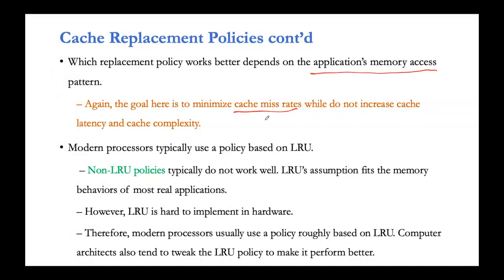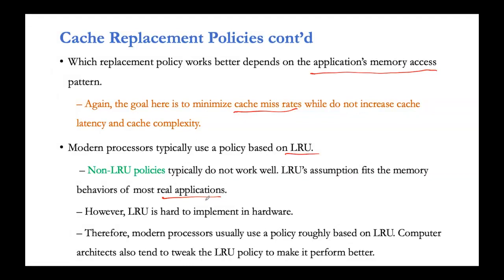Modern processors typically use a policy based on least recently used, but non-LRU policies typically do not work well for the application's memory access pattern. LRU's assumption fits the memory behavior of most real applications. However, implementing LRU in hardware is very complex.